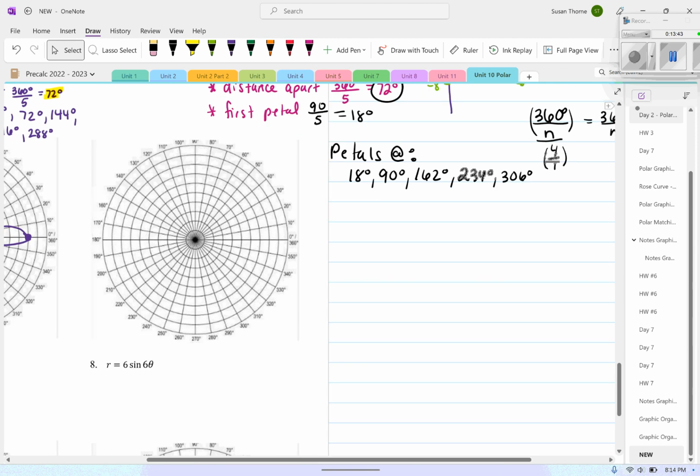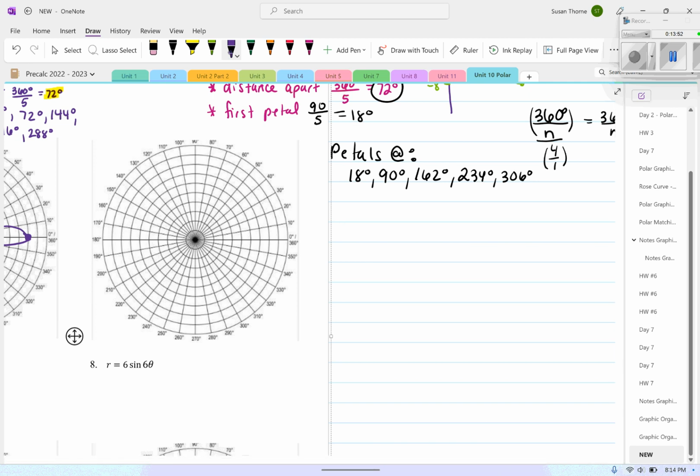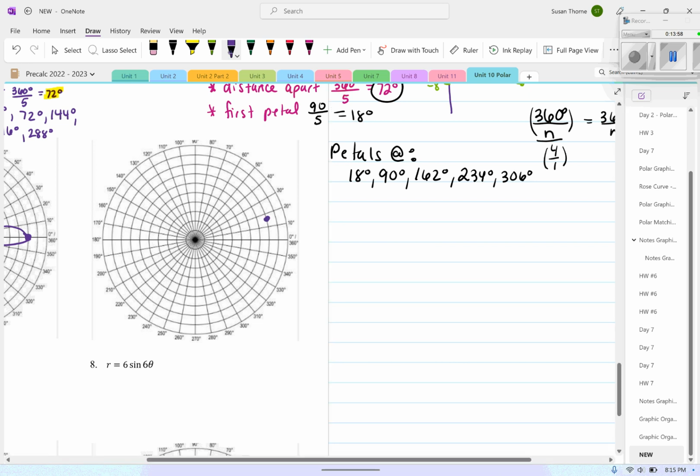So if we graph this, we are going out a distance of 8 from the pole. So 18 degrees would be in between 10 and 20. So we're going to go out a distance of 8. So 1, 2, 3, 4, 5, 6, 7, 8. Would be somewhere about right there. 90 degrees out a distance of 8.